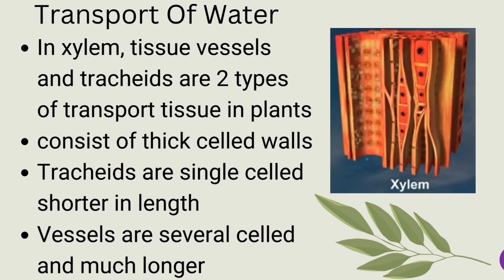water. In xylem tissue, vessels and tracheids are two types of transport tissue in plants, which consist of thick cell walls. Tracheids are single cells, shorter in length, while vessels are several cells and much longer than tracheids.